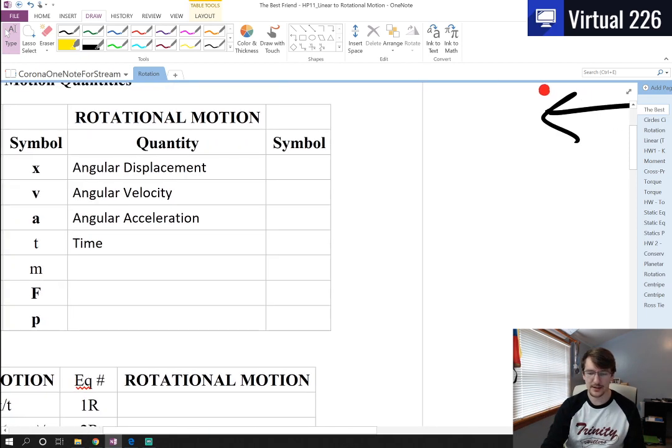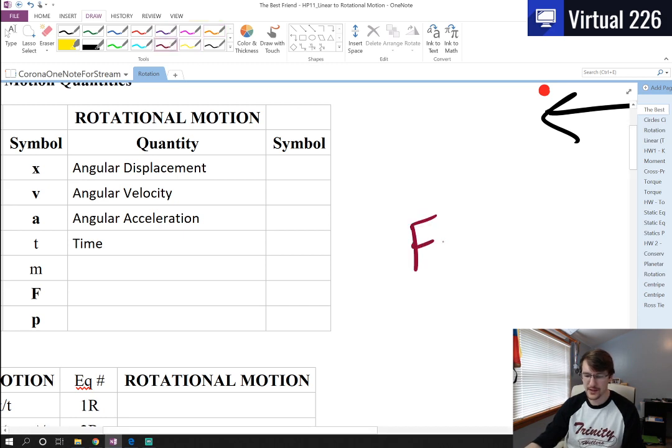And if we think back to a great equation we had earlier in the year, which was F equals ma, Newton's second law, we knew that if we had a larger and larger mass, if this mass went up and the force stayed the same, the acceleration would have to go down.